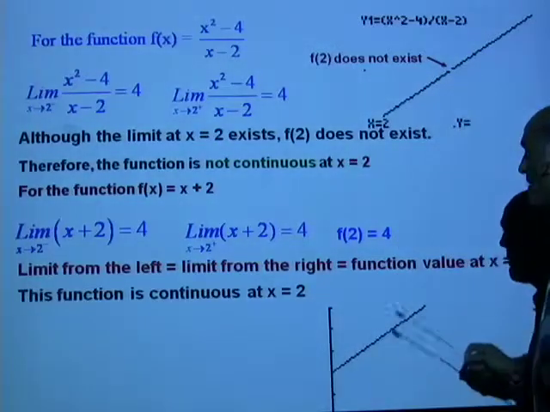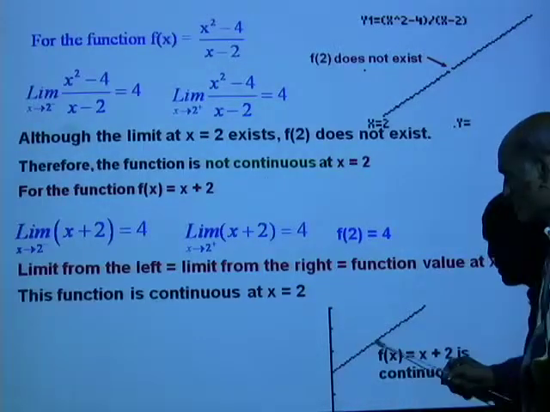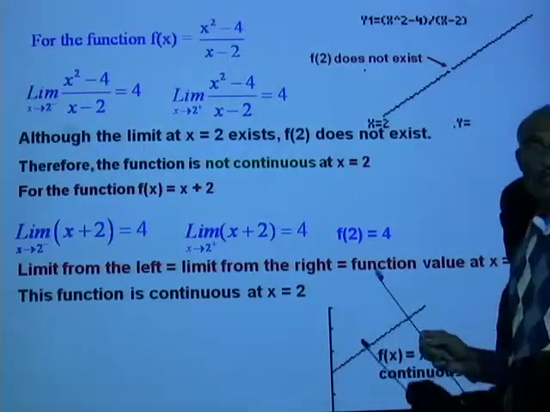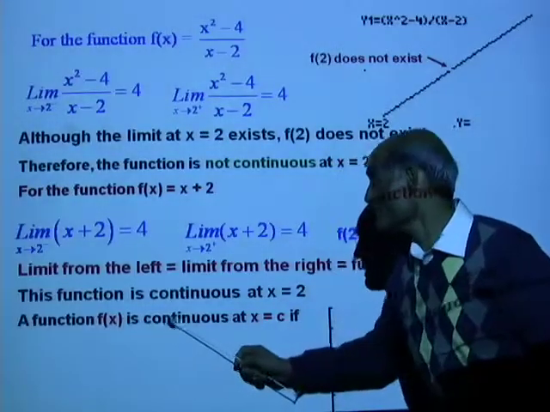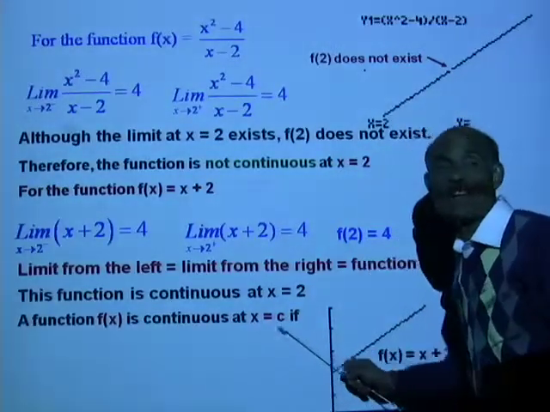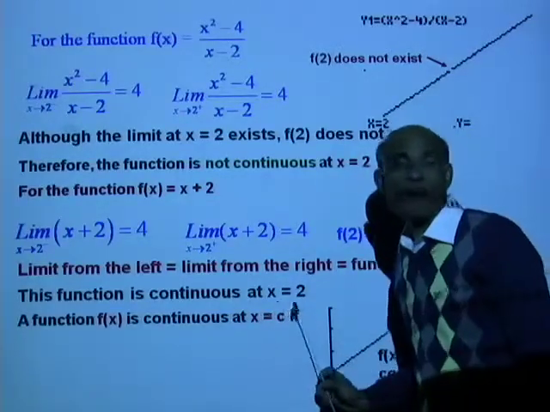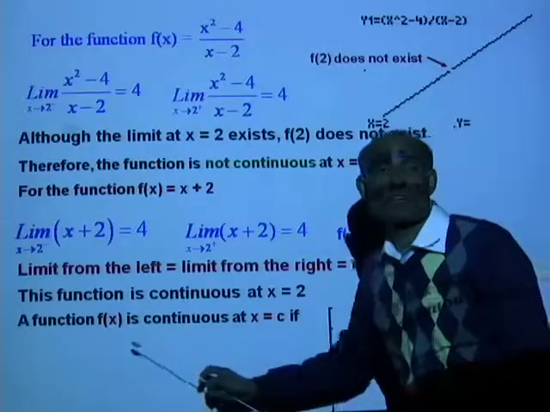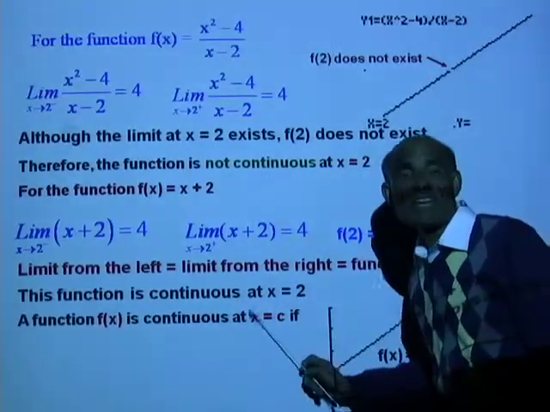There you have the graph of f of x equal to x plus 2, and it is continuous all along. There is no hole anywhere. A function f of x is continuous at x equal to c if, can you complete that for me? What are the conditions necessary for a function f of x to be continuous at x equal to c?